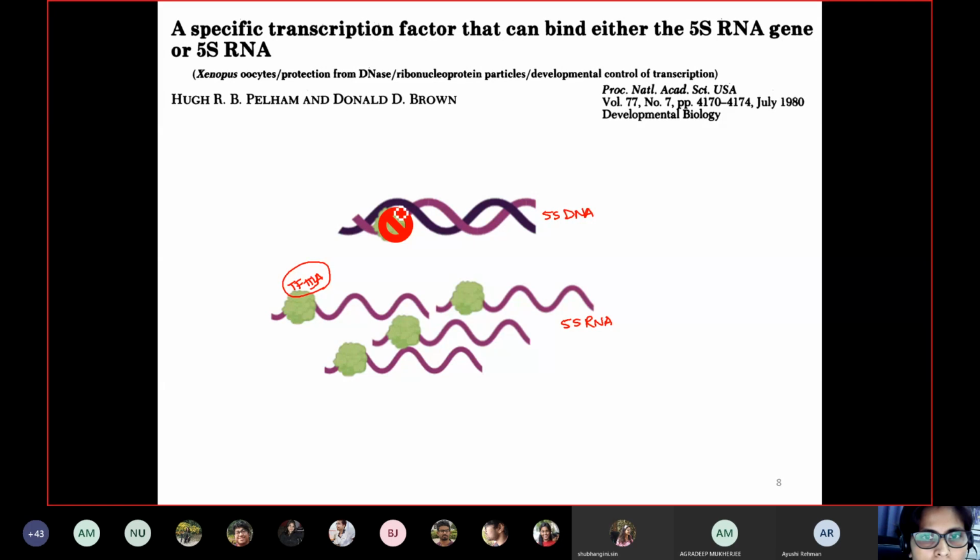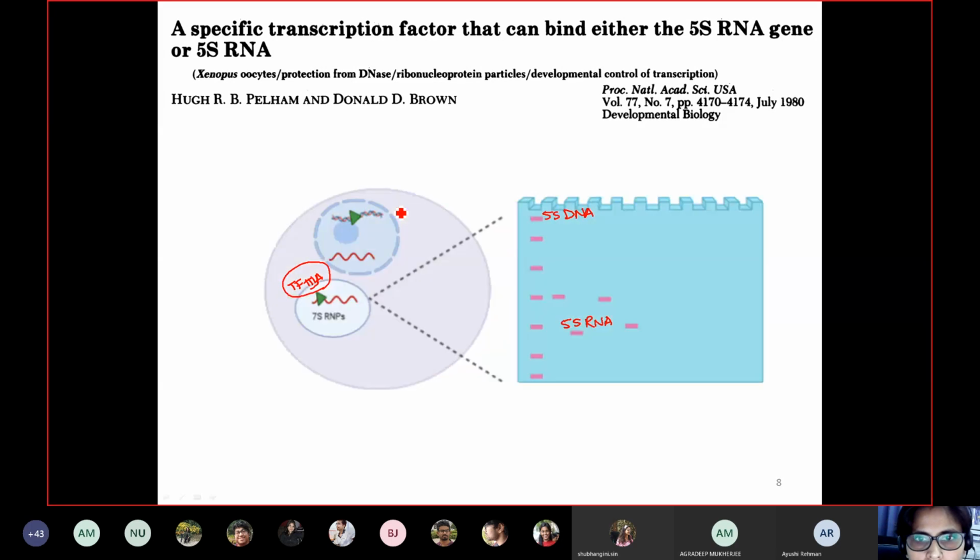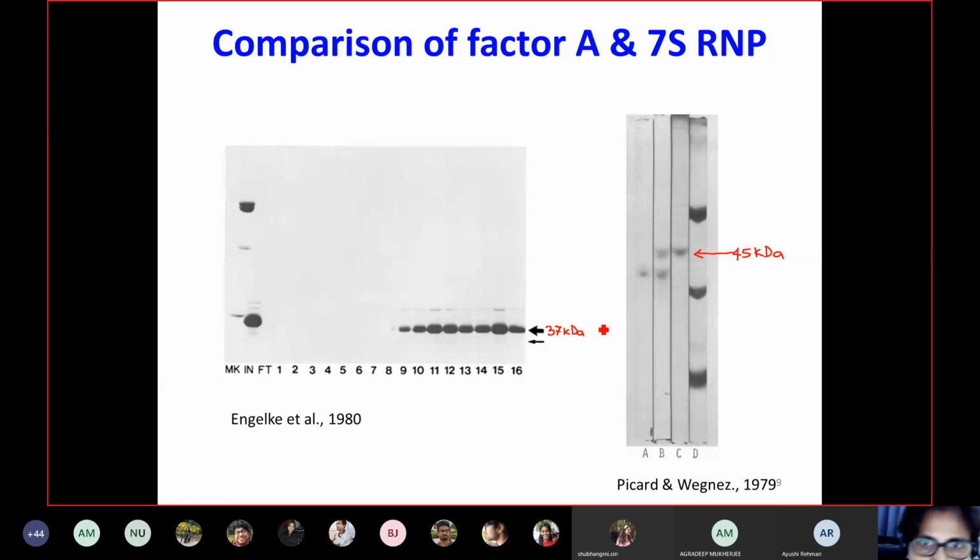And as I said, an important thing apart from these two was the change in molecular weight. When several scientists isolated this molecule, they found there was a molecular weight difference, and this is what they analyzed further.